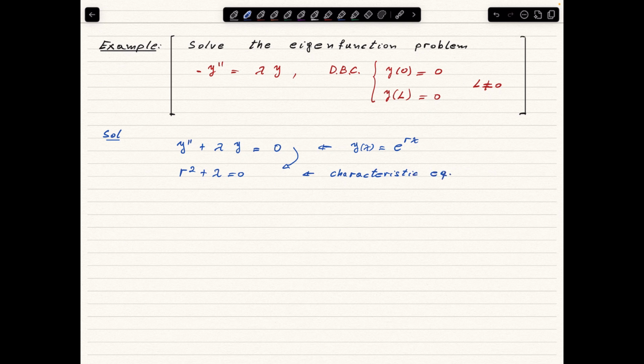This is something very well known from previous videos, but now the roots of this polynomial, so the solution of the characteristic equation, depend on the value of lambda, in particular whether lambda is positive, negative, or 0. So we have three cases here. The case A is when lambda is negative. The case B, we are going to call it when lambda is 0, and the case C, when lambda is positive.